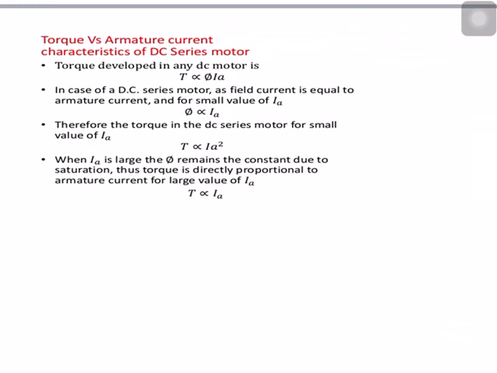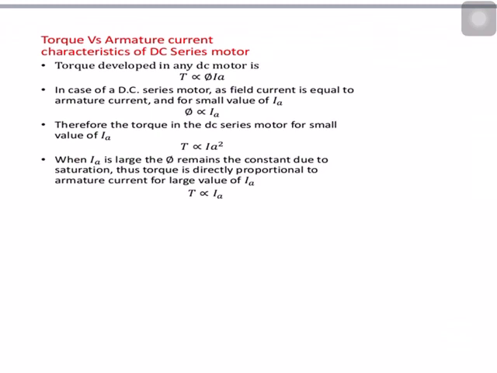And also we know that the torque is directly proportional to the product of armature current and field flux, so T is directly proportional to phi Ia. In DC series motors, the field winding is connected in series with the armature, and Ia equals If, so that before magnetic saturation of the field, phi is directly proportional to Ia.